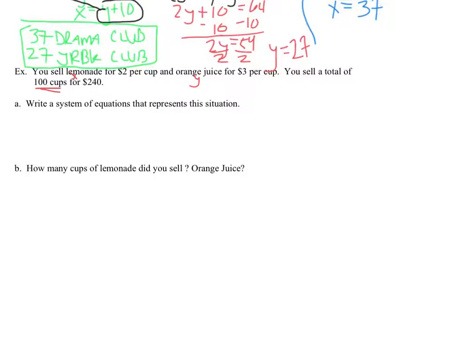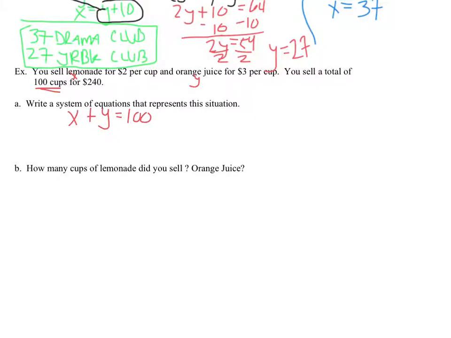Because the second part is dealing with money, but this one is kind of tucked into that second sentence. But basically, I have some number of cups of lemonade plus some number of cups of orange juice. And when I total them together, we get 100 cups.